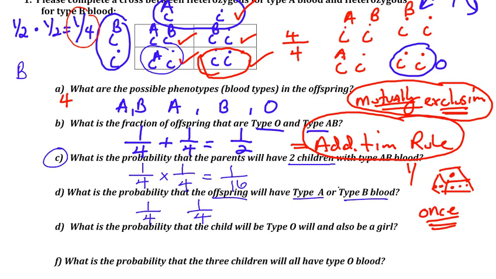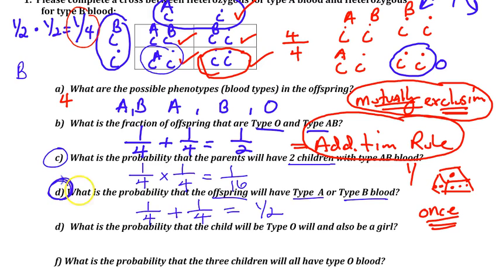What's the probability that I would roll a 1 or a 2? These are the same roll. This is the same meeting of the same gametes. What's the probability of just one meeting having a type A or type B? Here I'm adding again. So a 4th plus a 4th is 1/2. This is the addition rule. This is in the same roll.